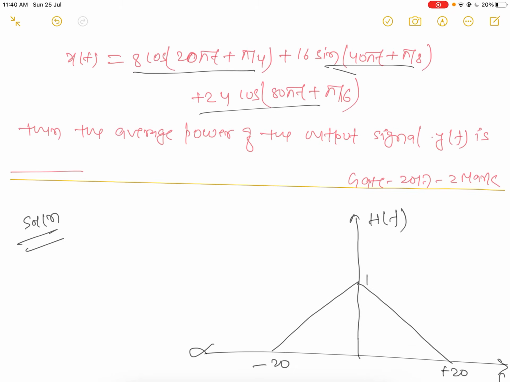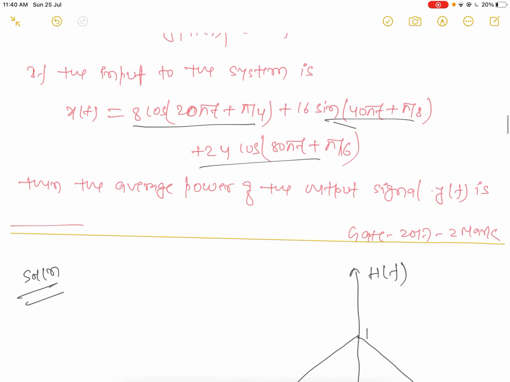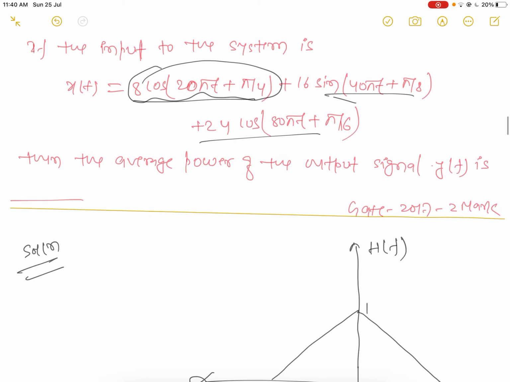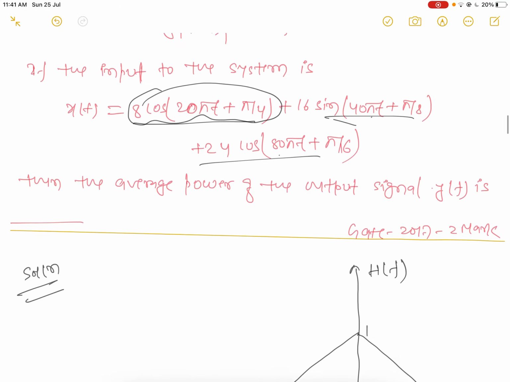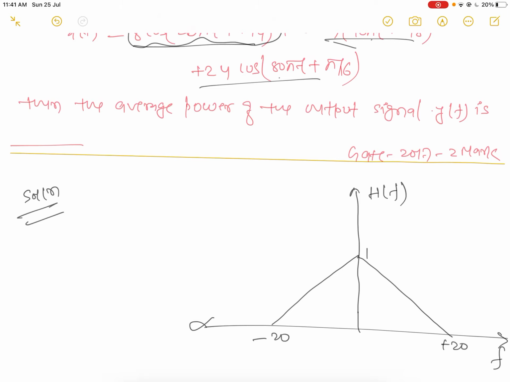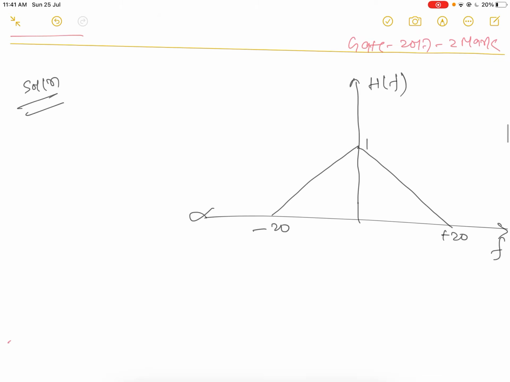Here 20 is given, and only the first part will pass through this filter, because the 40 pi t and 80 pi t components fall outside of H(f).